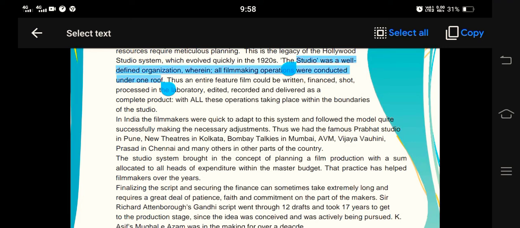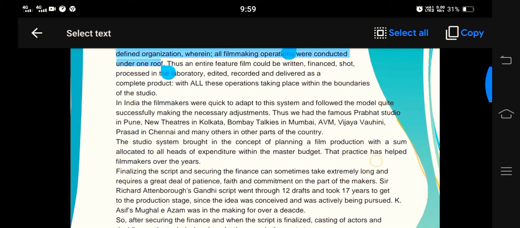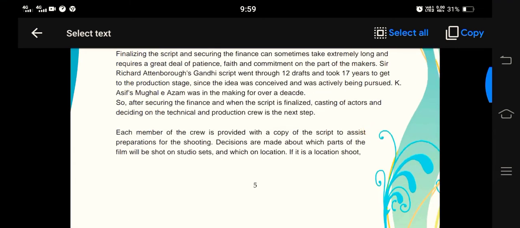These operations take place within the boundaries of the studio, and in India the system has been adapted. Famous studios are Prabhat Studio in Pune, New Theaters in Kolkata, Bombay Talkies in Mumbai, and there are many more.